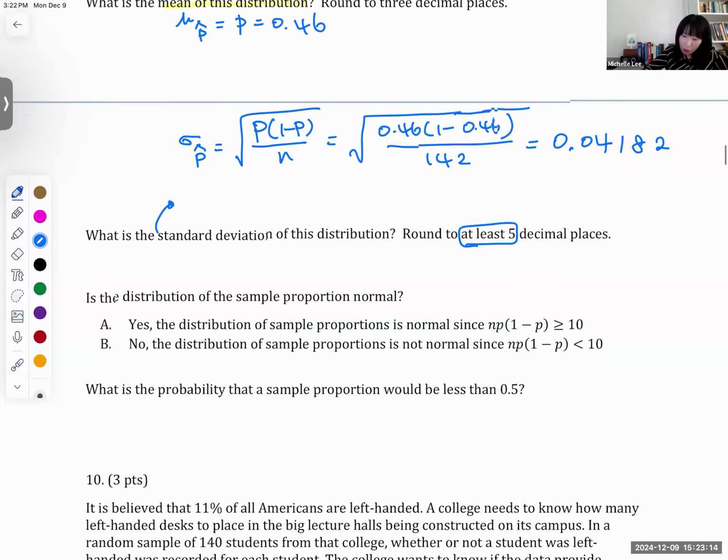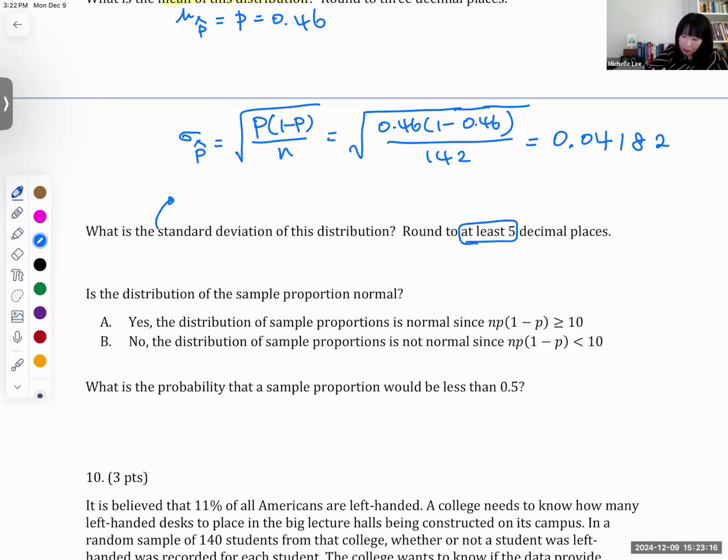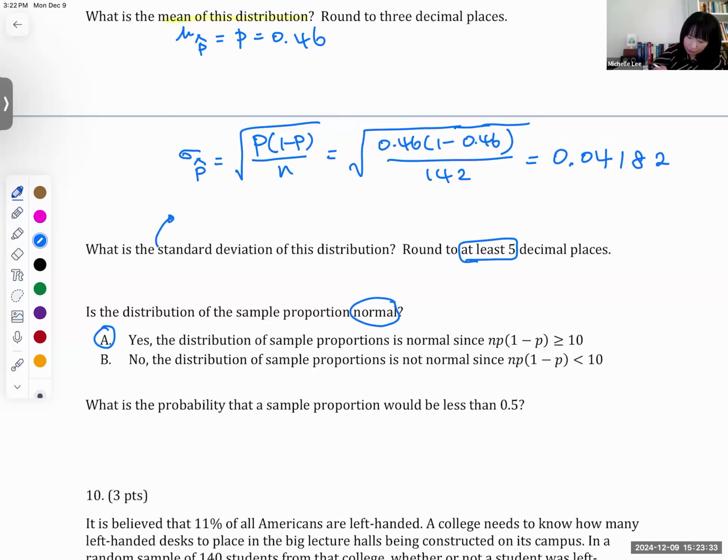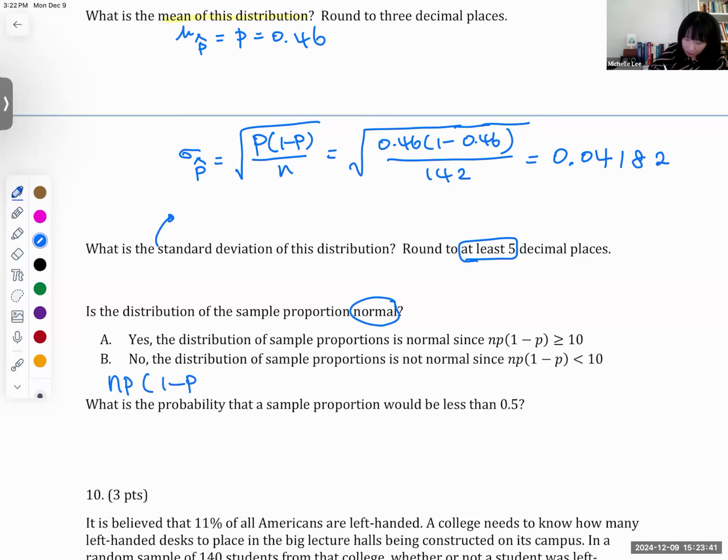All right. So we have to check whether it's normal or not. We check n times p times 1 minus p is greater than or equal to 10, right? Let's check that. n times p times 1 minus p. So n equals 142, p is 0.46, 1 minus p.